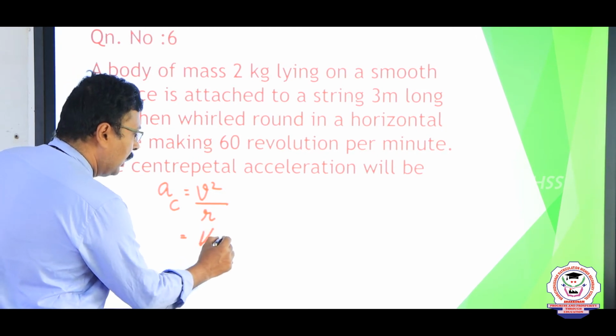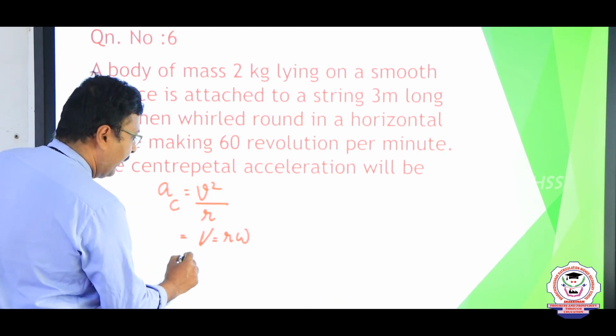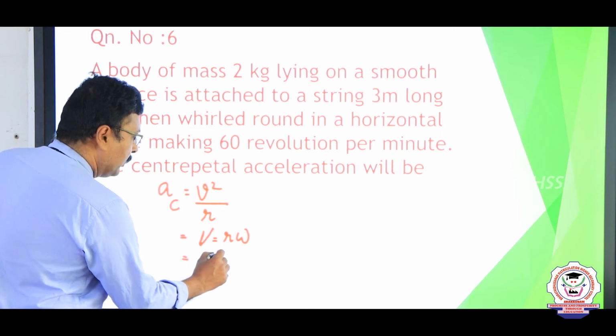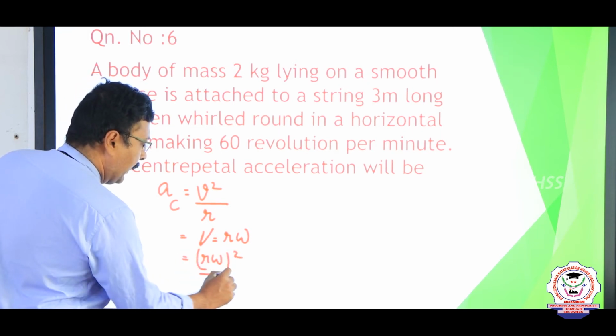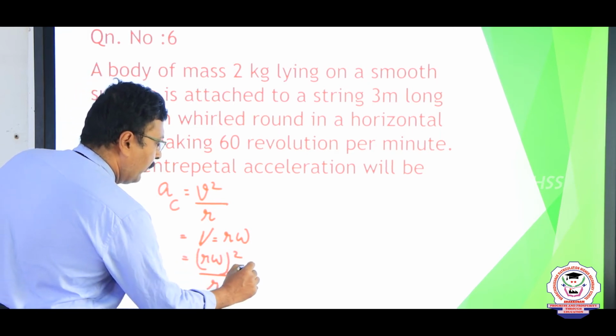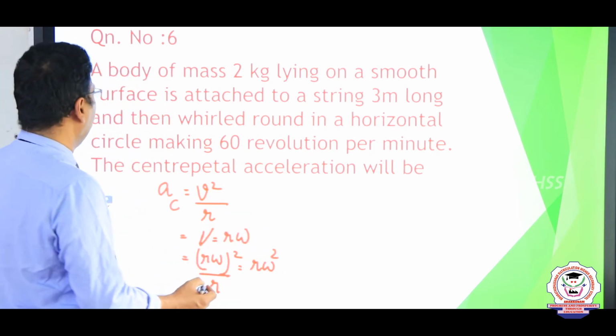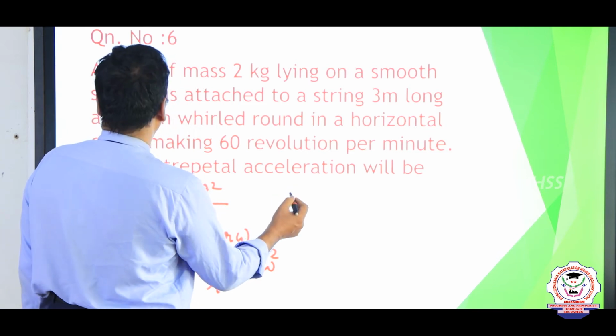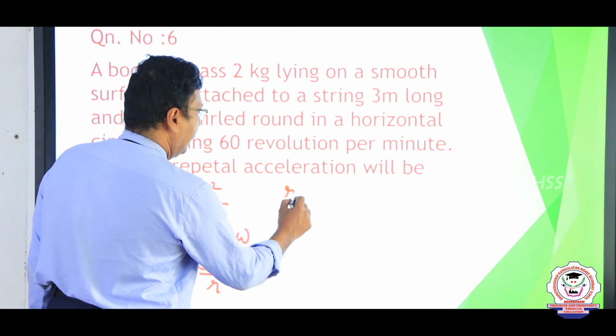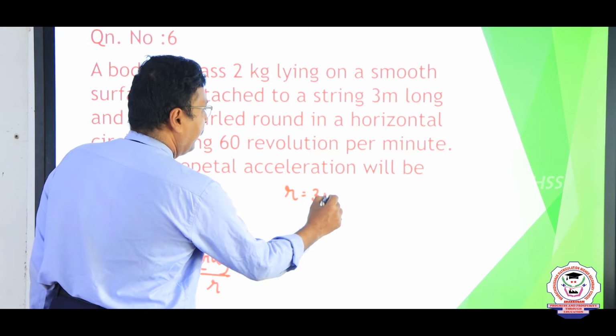Substituting, r omega the whole square divided by r, that is equal to r omega square. We are given the value of r is equal to 3 meters, and omega we have to find out.